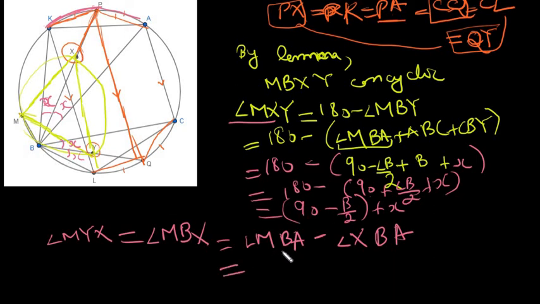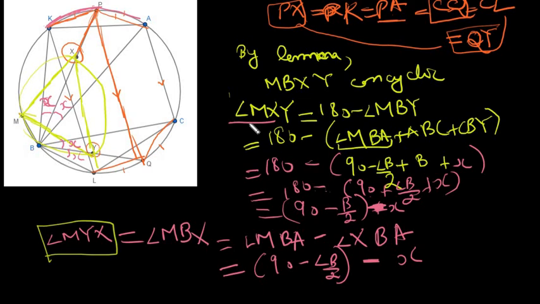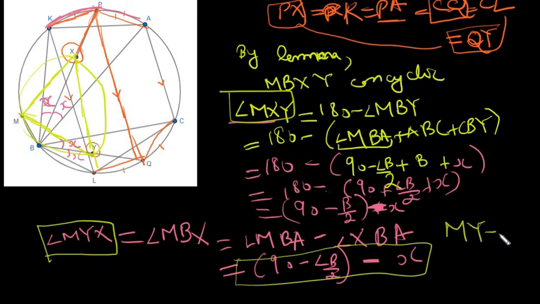But we know what angle MBA is. We know that's just a 90 minus, actually there should be a negative here, sorry for that, 90 minus angle B over 2 minus, well, what's XBA? That's just an X. So right here we have just shown that these two angles are the same. Angle MYX is equal to angle MXY, and we are done because that implies that MY is equal to MX.